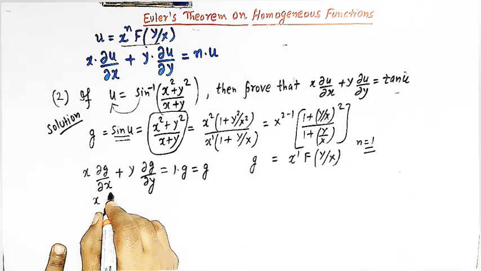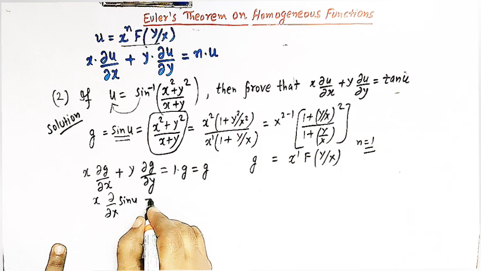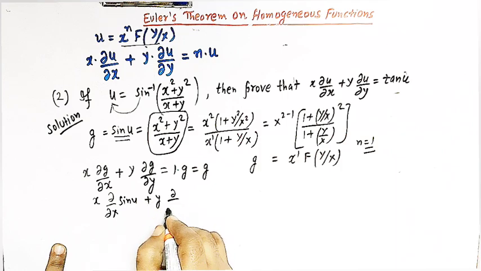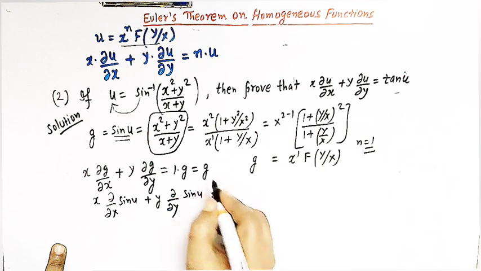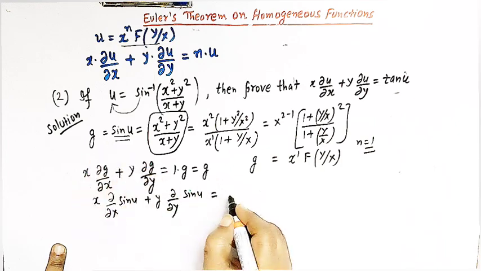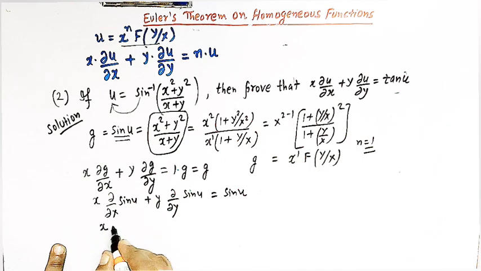So we have x del over del x of sine u, then we have y times del over del y of sine u, and here for g we can write sine u. So now here let us differentiate first sine u with respect to u.